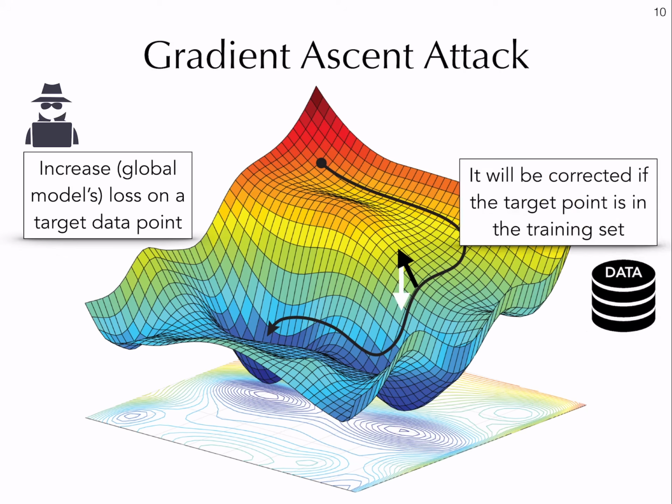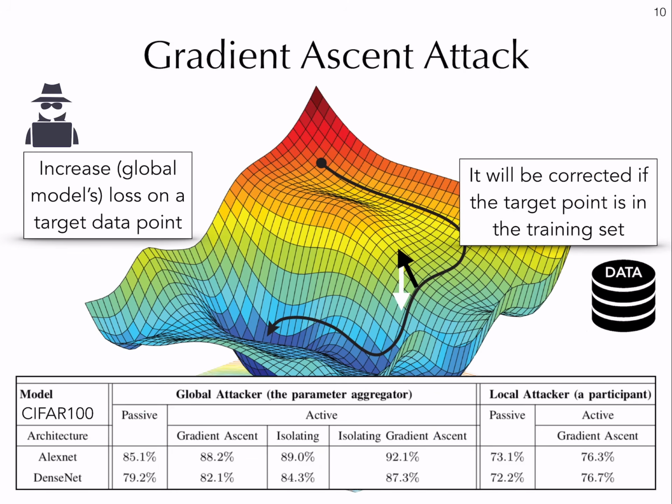Therefore, the attacker can look at the change and compare this change on the model parameters with respect to other data in the population, and can infer if this data point has been part of the training set. And yes, this can help a lot in increasing the accuracy of the inference attack.